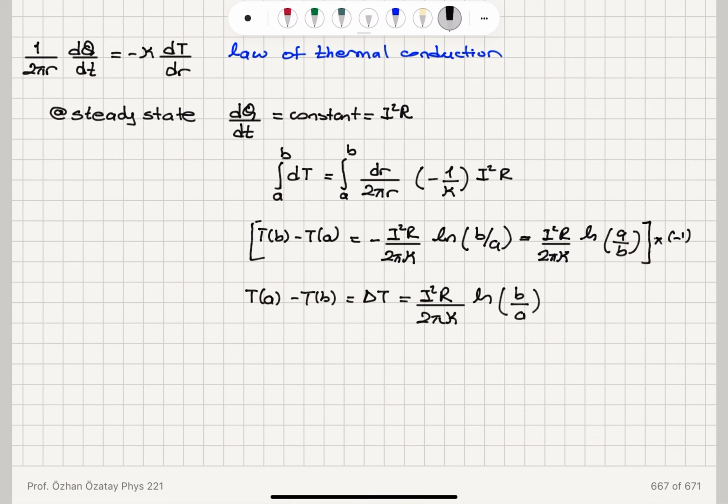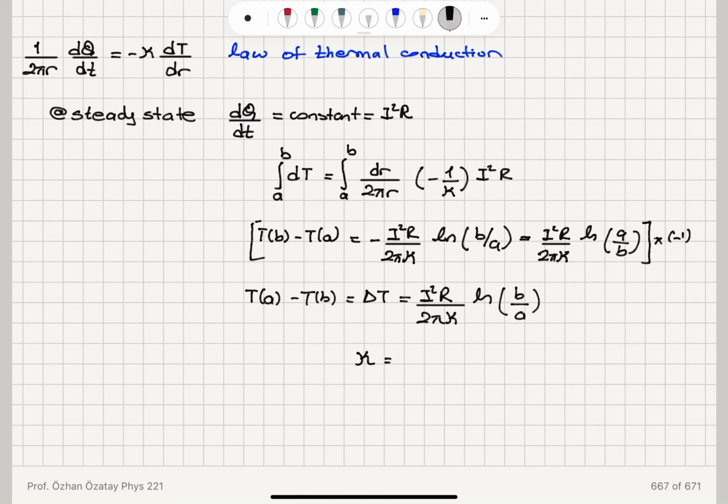So you can see that the thermal conductivity kappa can be found as 2 pi times delta T divided by I squared R multiplied by natural logarithm b over a. So natural logarithm b over a at the bottom. So kappa goes here. This is not correct. So kappa goes here.